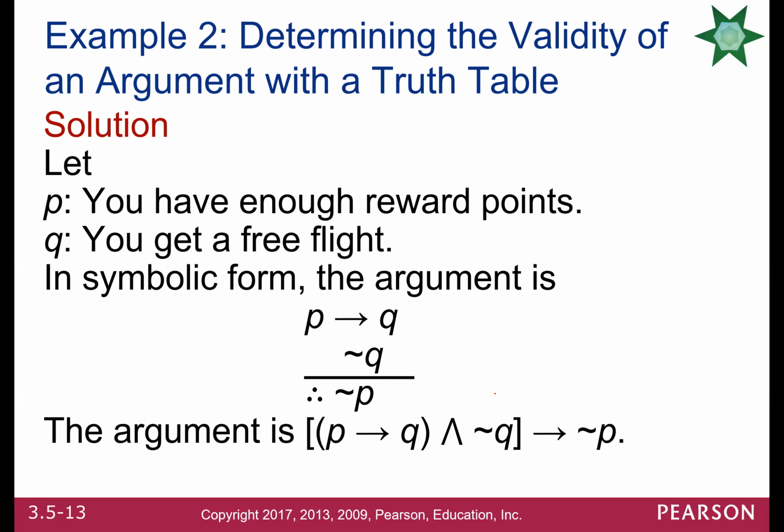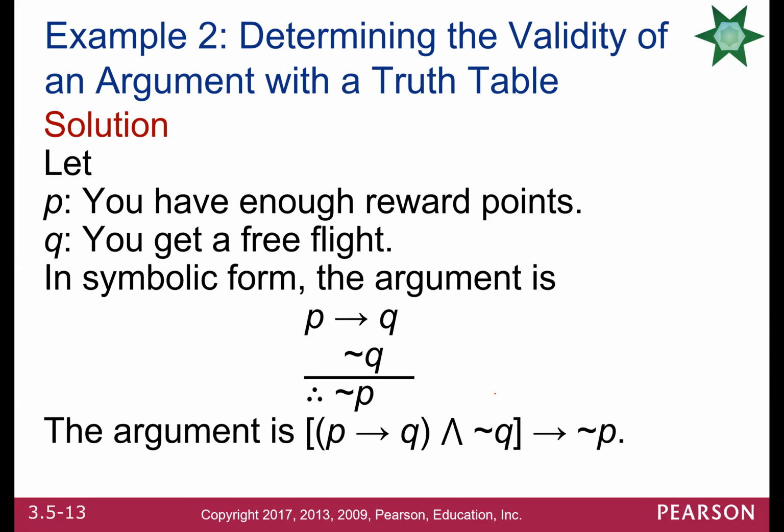So we need to check the validity of this argument. I'm going to do that by creating a truth table, because this doesn't fit the law of detachment. For the law of detachment, we need the second premise to be P. The second premise is not P, it is not Q. So I need to create a truth table to see if this argument's valid.